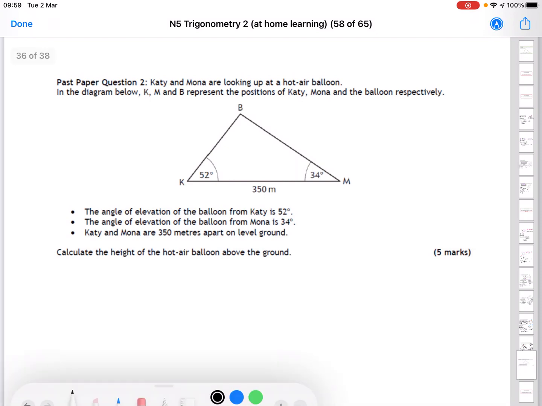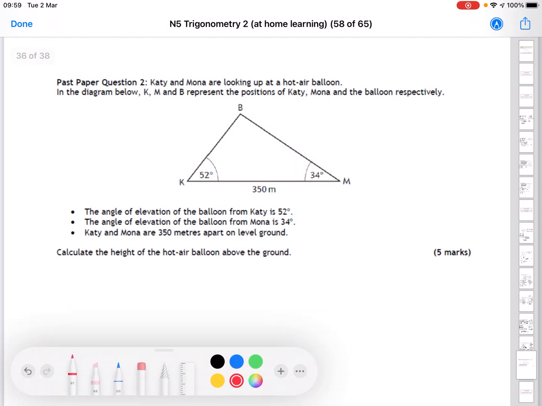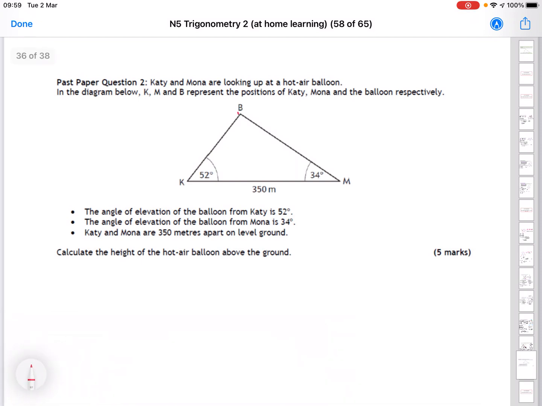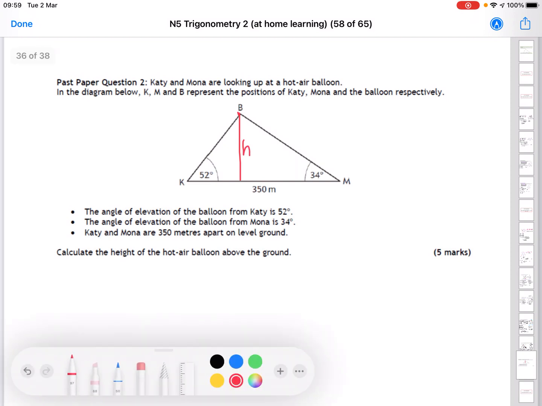So let's draw in what we're being asked to find. We're being asked to find the height. So the height is just that vertical height straight up there. So we have seen these questions before in our mixed trig questions where we need to find one other side of this triangle, and then we're going to use SOHCAHTOA within the right angle triangle to solve for that height.